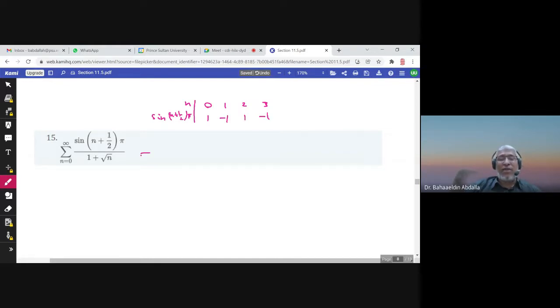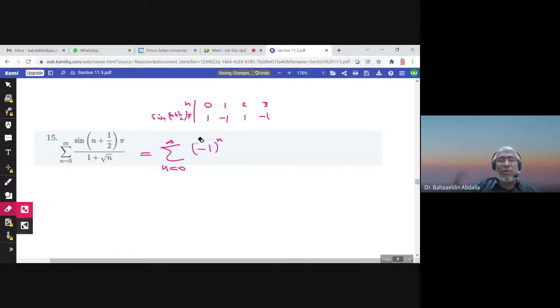So in fact, you can write this series as negative 1 to the power. The first is 1, so n minus 1. Or let us say n plus 1. So if n is 0, I need the first number to be positive, but I start here from 0, okay?